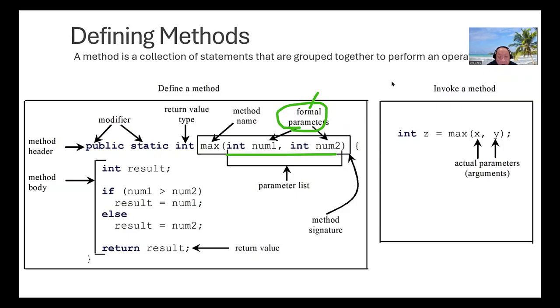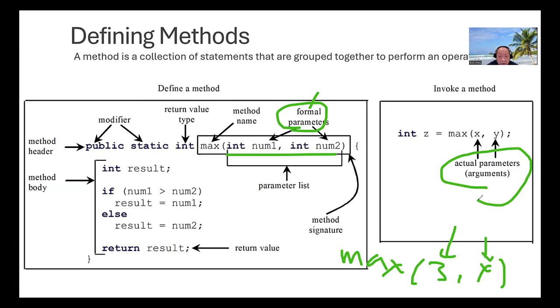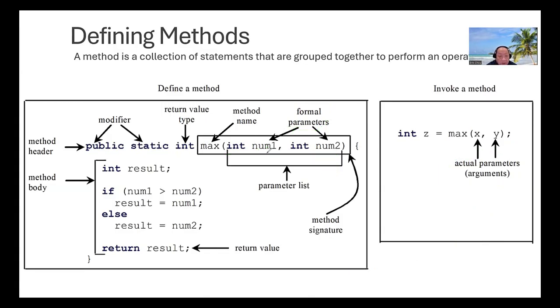So when you say maximum of 3 and 4, these two we call actual parameters. X, Y, or num1, num2 are the formal parameters, while the values that you put in are actual parameters. We also call them arguments. And then max is your function name.